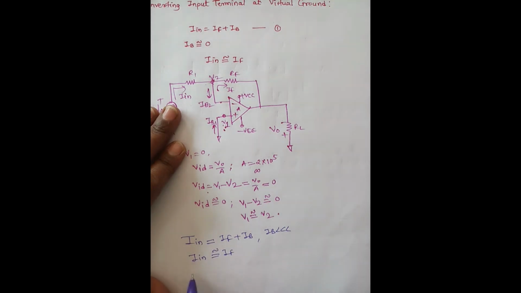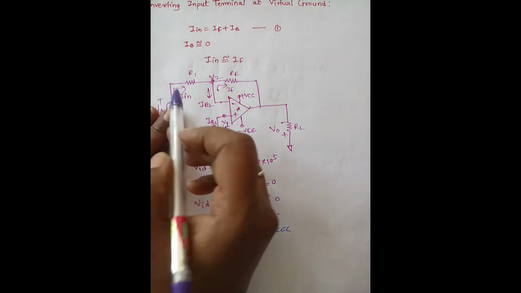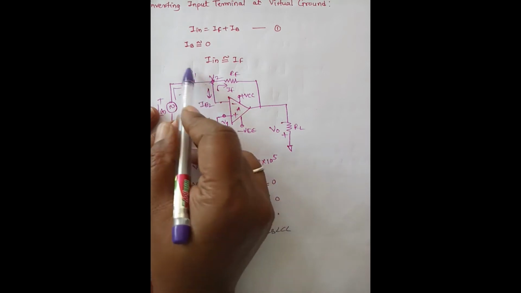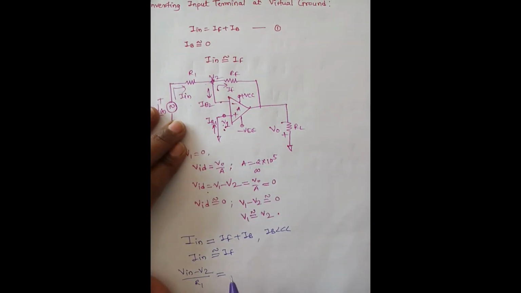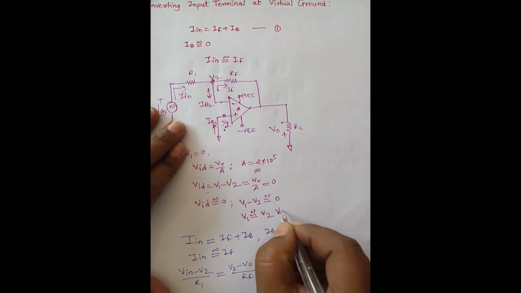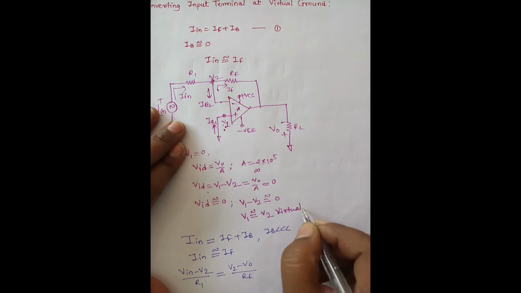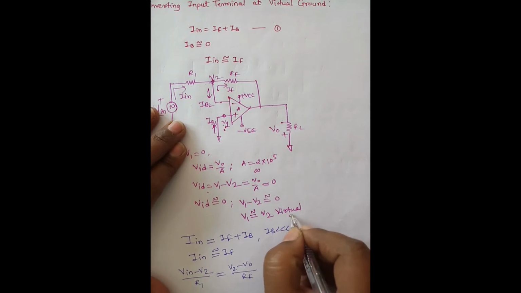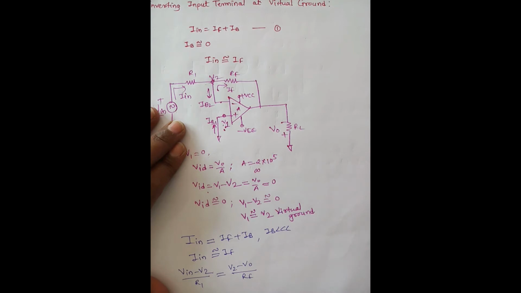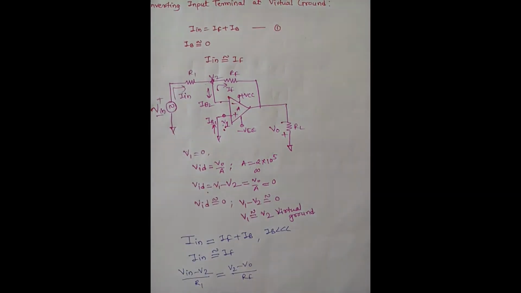What do we write for this? IN is Vin minus V2 by R1, that is voltage at this point minus voltage at this point divided by resistor R1. And for IF it is V2 minus V0 divided by RF. This is called virtually grounded, where current is not maximum, current is also equal to 0.